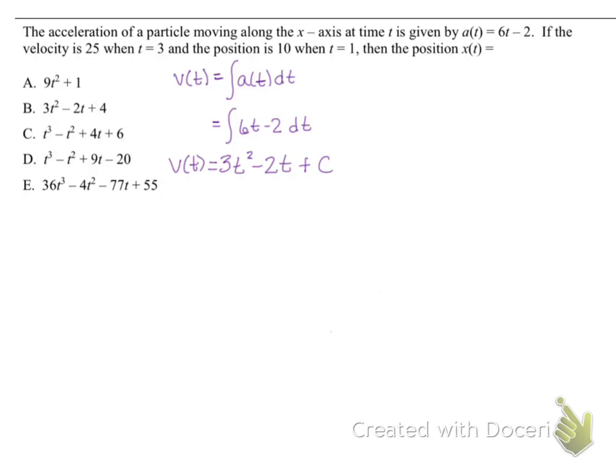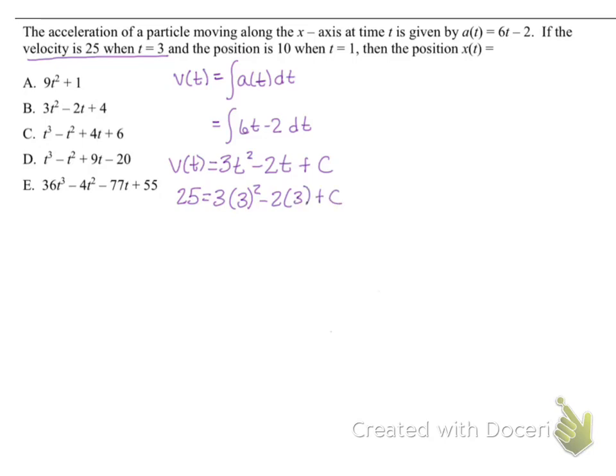That is your general velocity, okay? We have to use an initial condition to figure out what c is, and we have one. The velocity is 25 when t equals 3. Okay, use that to find your c. Okay, so you're going to have 25 is going to equal 3 times 3 squared minus 2 times 3 plus c.